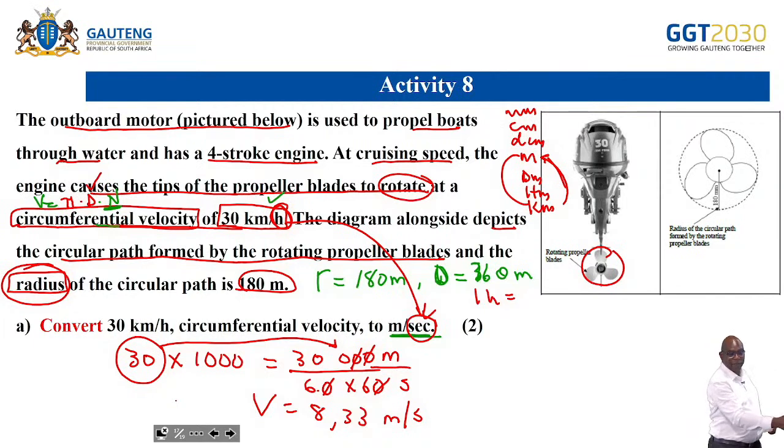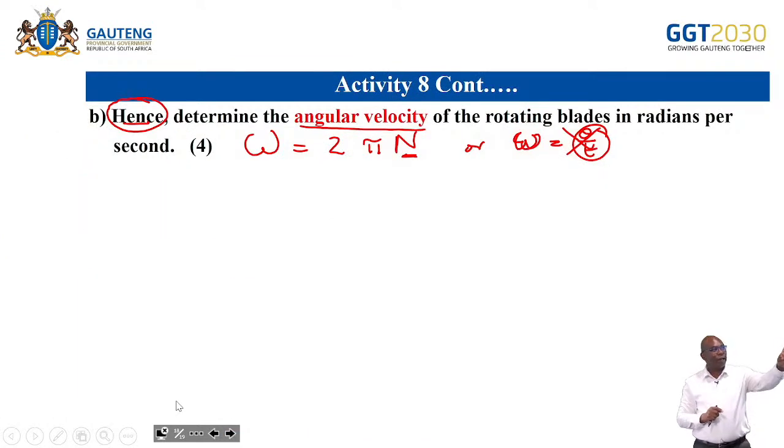So what I need to do is to find the number of revolutions that we need. I'm going to give you this question to do now. I'm giving you 4 minutes to do that question, and then we'll wrap up. Your 4 minutes will start from now.